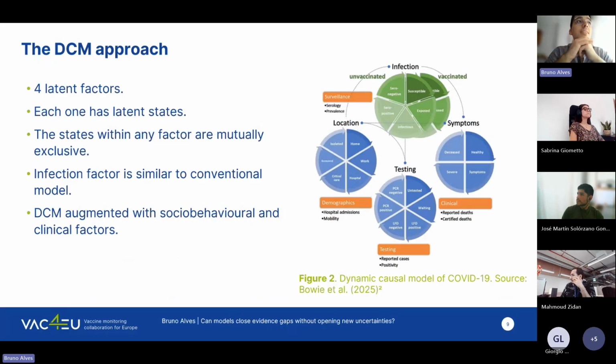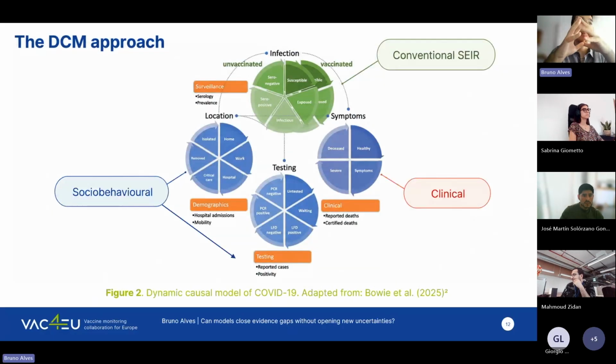And regarding the DCM approach, and most specifically the modelling that we are looking at in this paper, this is the figure that we will be assessing. And maybe I will show this slide just for you to look closer. If you look at the green circle, it's a very conventional epidemiological SEIR model.